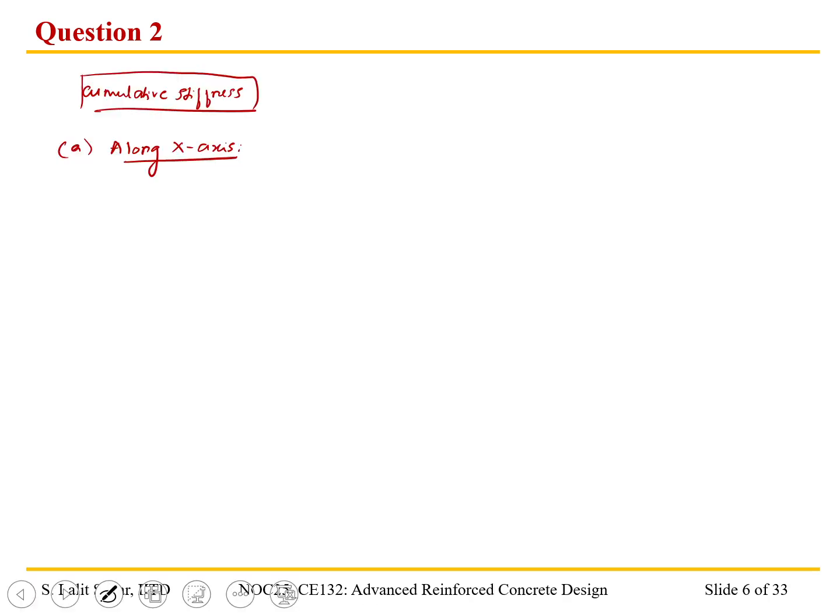That is 400 by 300 cube divided by 12, right? Divided by hc. Hc is 3500, right? And we are going to multiply this by the number of columns.